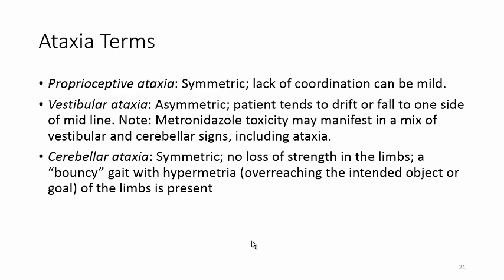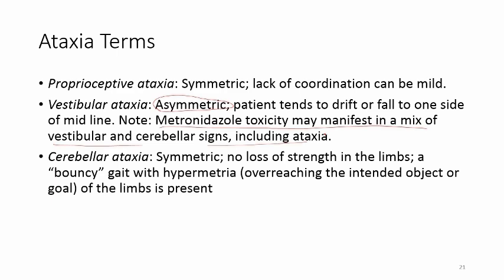With vestibular ataxia, it's generally asymmetric, so this is how we often differentiate the two, and the patient's going to drift or fall to one side. I just put this in for metronidazole toxicity because sometimes it's a mix of these two, and I've seen that, and I wanted to bring that to your attention.